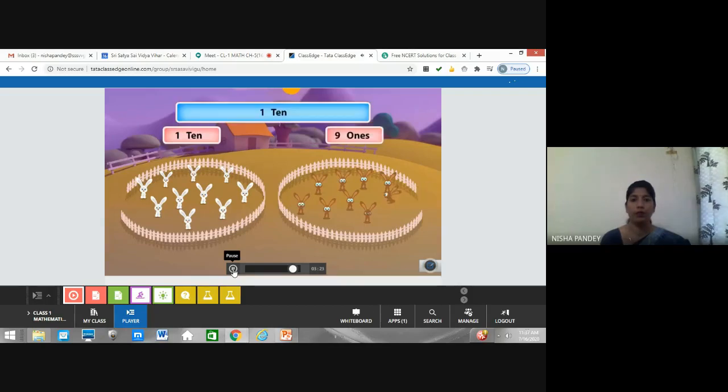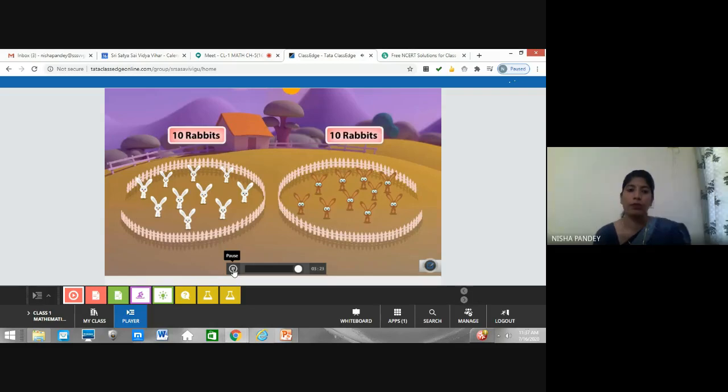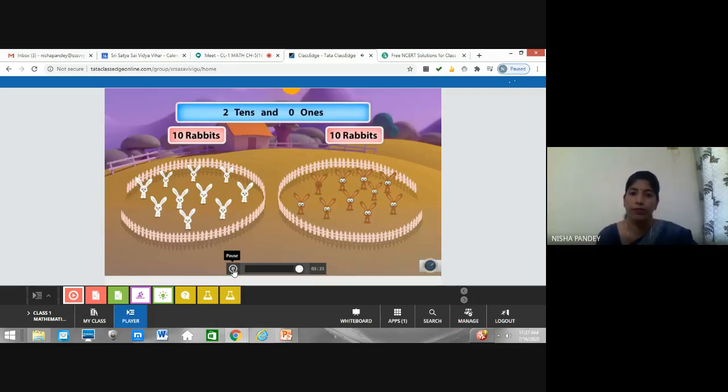Now there are 110 and 9 ones. This number is called 90. And here comes the last rabbit. Now there are 10 white rabbits and 10 brown rabbits. So there are two groups of 10 rabbits. The total number of rabbits now is 2 tens and 0 ones. We call this number 20.